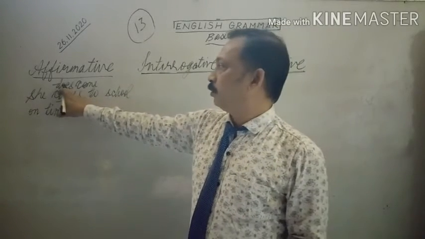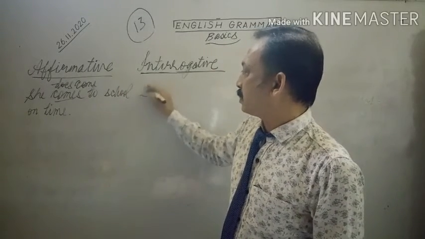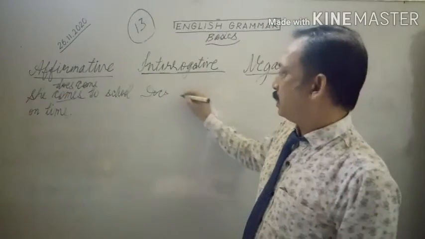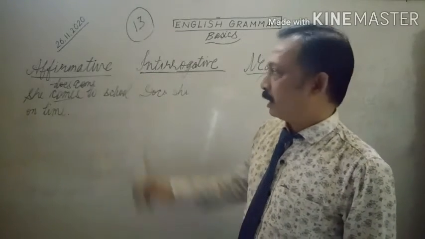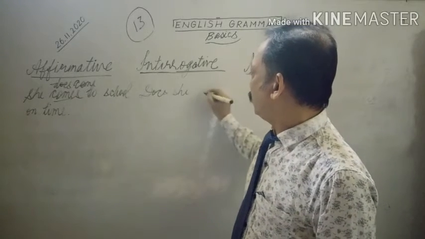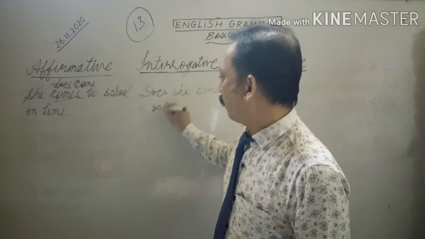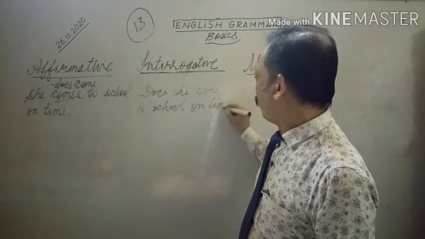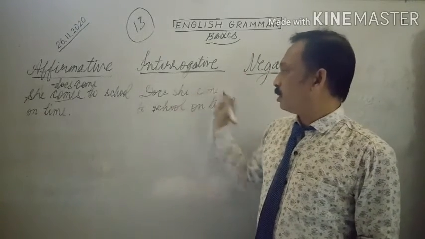So the helping verb first, capitalize the first letter: Does, then the subject: Does she, then the remaining part of the verb, come. Does she come to school on time? The question mark is a must.